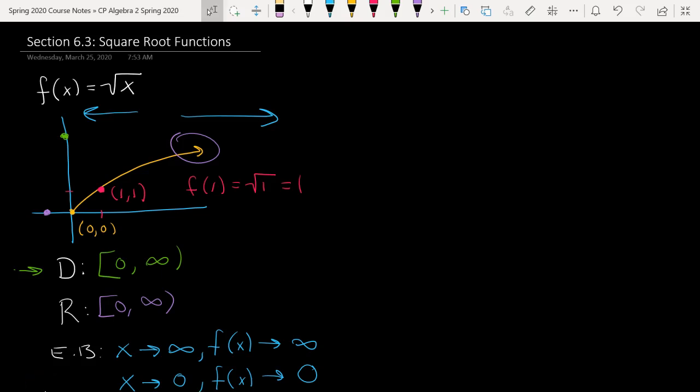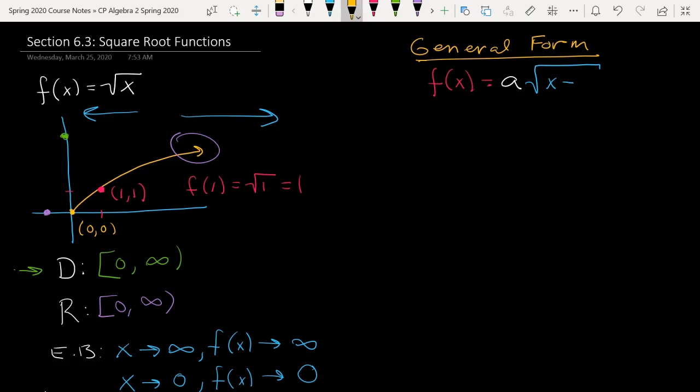But we're also interested in the entire family of functions that are square root functions, and we have a general form for that. The general form of the square root function has 3 important numbers in it: our a number, our h number, and our k number. The a in this particular case has 2 important functions.